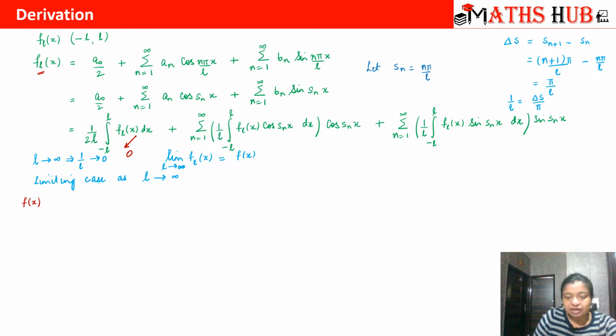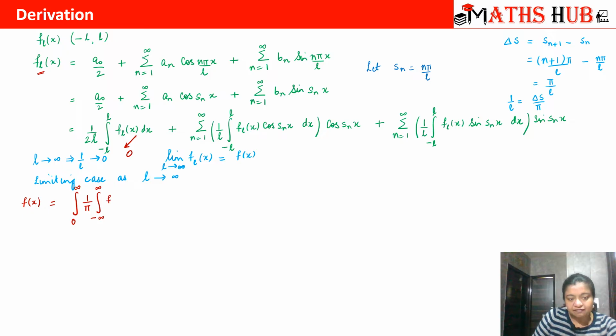Now, in the next two terms, we have a summation. So we can take the common summation out and write it as an integral. The summation is from n equal to 1 to infinity, so I can write the integral from 0 to infinity, right? Then 1 by L, I know it is 1 by pi into delta S, so I can write here 1 by pi. And then we have the integration; you can check the limits, it is minus L to L, so it will become minus infinity to infinity.